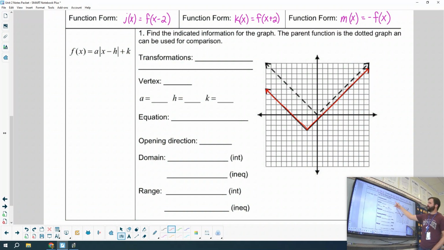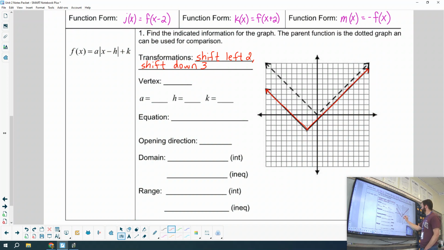So what transformations happened? Well, we can see my first transformation is I went to the left 2 and I went down 3. So that's my first transformation. I shifted left 2 and shifted down 3. And so what's my vertex?